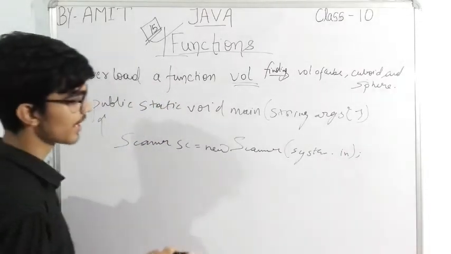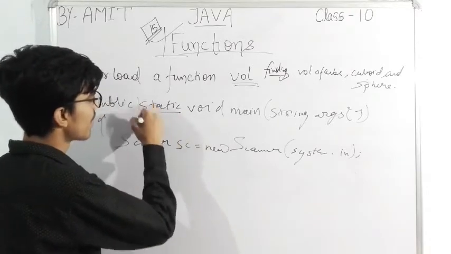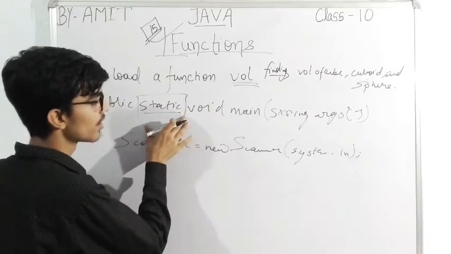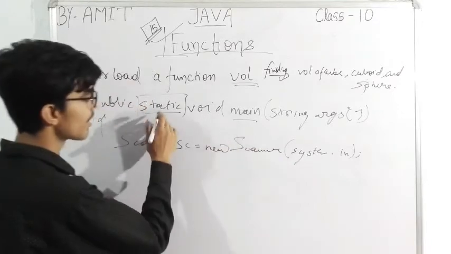You just make one correction: change this static, cut this in before the functions which we have written in vol, in which vol is written, cut this.